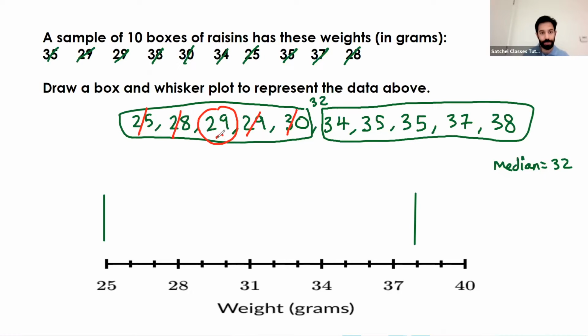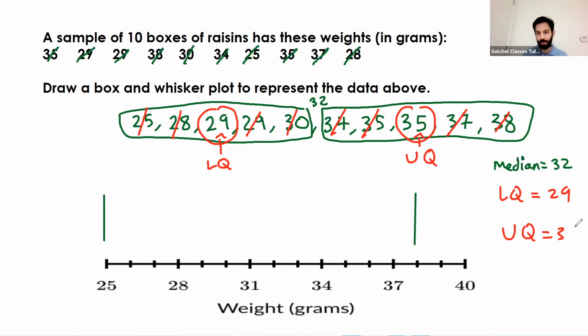So this is going to be our lower quartile. Likewise here, one from the right, one from the left, one from the right, one from the left. 35 is going to be our upper quartile. So I know my lower quartile is 29, and I know my upper quartile is 35.